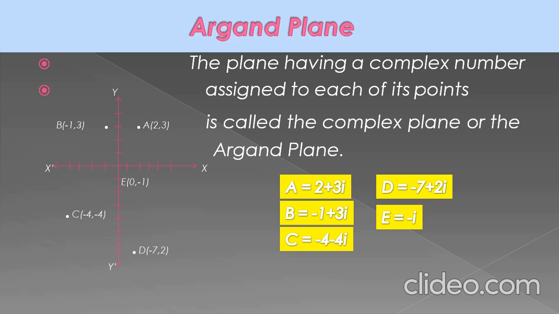So the complex number will become minus 1 plus 3 iota. X coordinate will be minus 1 and y coordinate will be 3. C point can be written as minus 4 iota. D is minus 7 plus 2 iota. And E is 0 minus iota, that is minus iota only. So this is our Argand plane in which we can plot complex numbers.